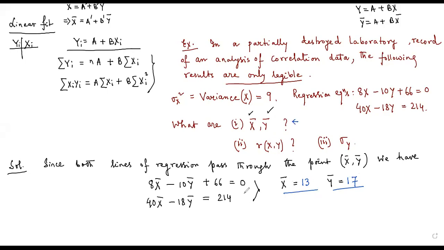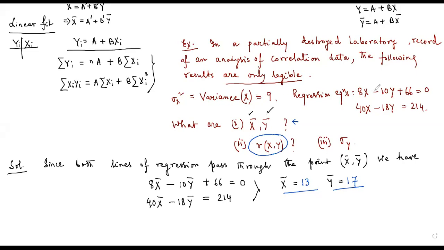Yeah, somebody else, Nasal, has also got 13 and 17. This time both of their results are matching. So the first part of the problem is done. We have been able to find out x bar and y bar from the given information. Our next job is to calculate the correlation coefficient rxy between x and y.